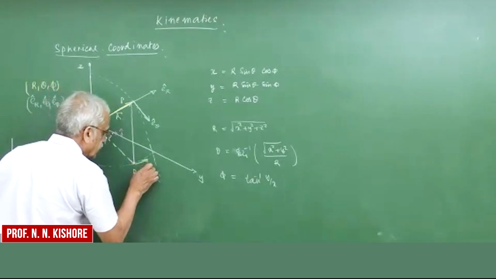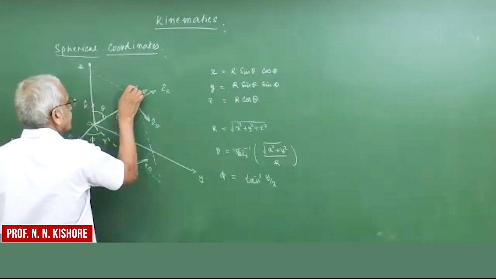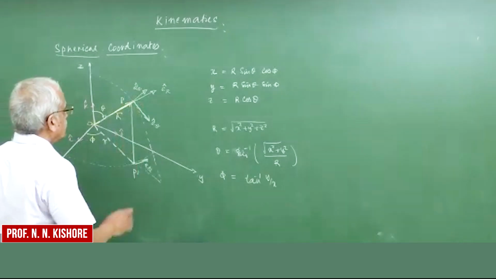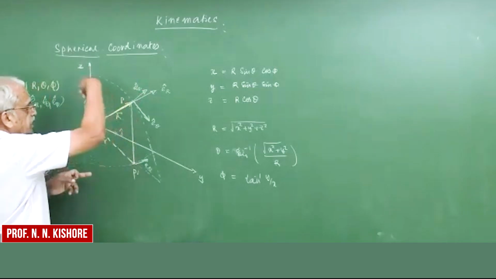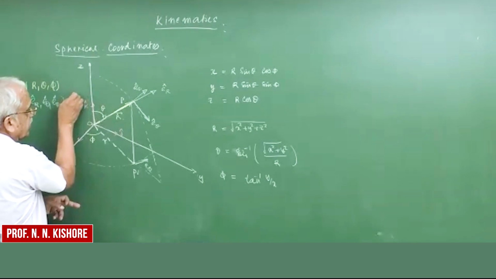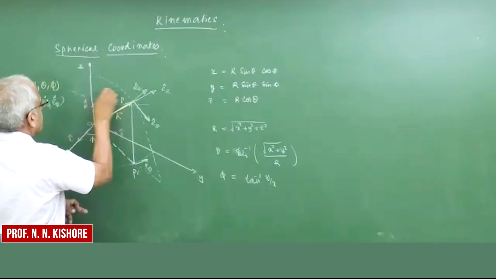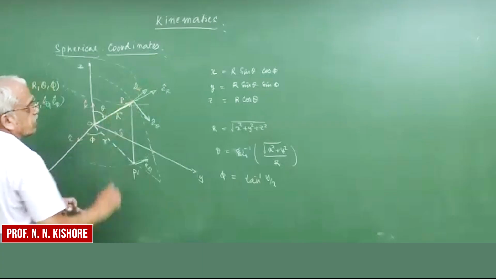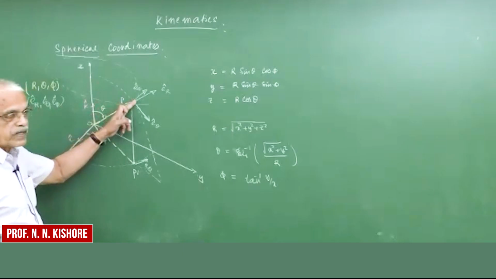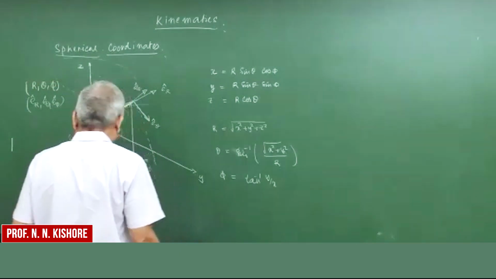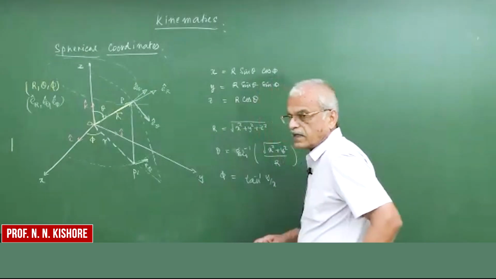So this is e_phi here. So e_phi is in the direction of increasing phi, keeping this P. So if you draw a circle in a horizontal plane going through P, and then draw a tangent there, that becomes e_phi. Okay. So these are e_r, e_theta, e_phi.